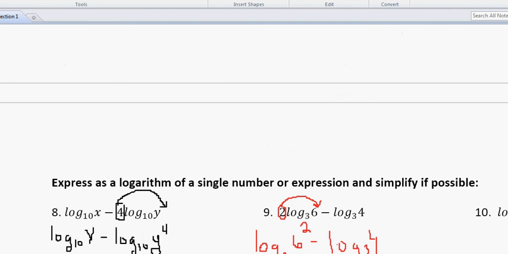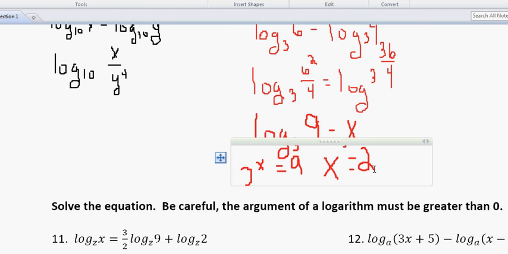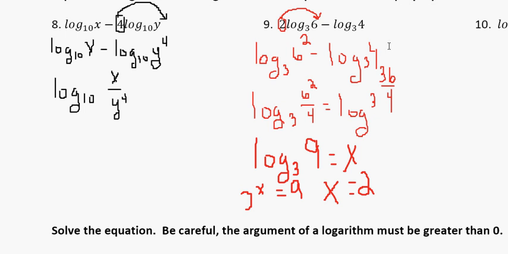So x, sorry about that again, it's a little touchy, x equals 2. So the value of this expression here is x equals 2. The value of this expression is equal to 2.